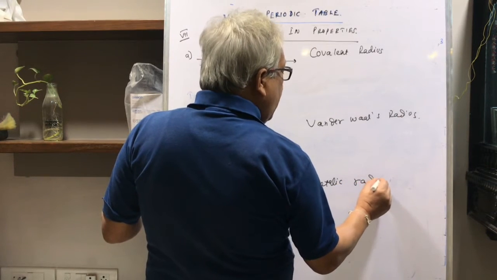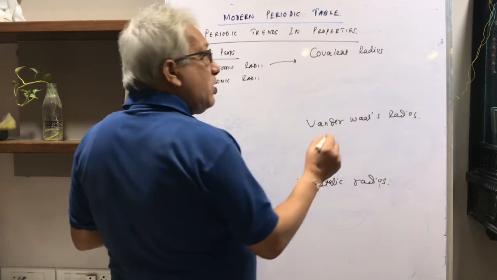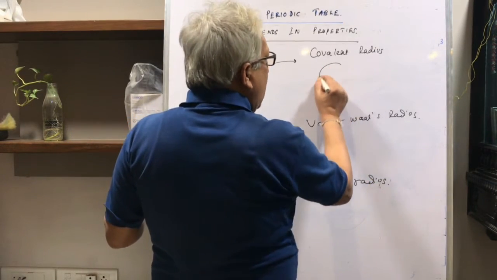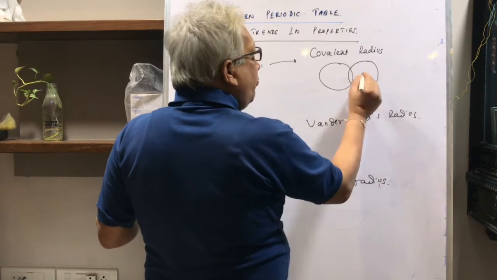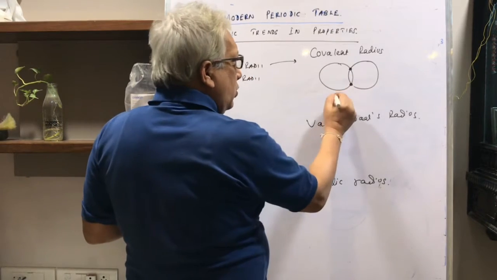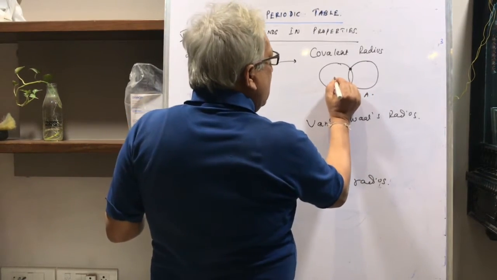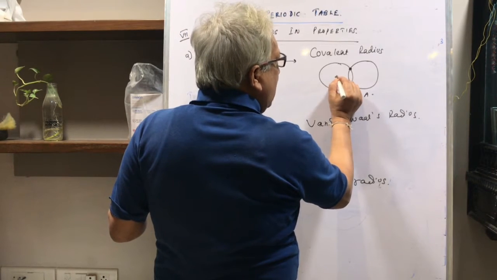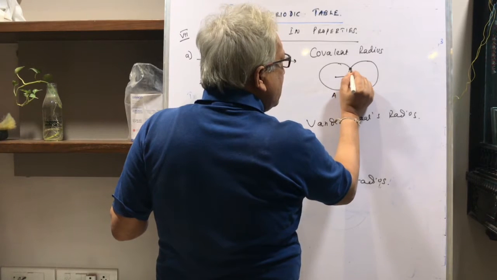So in covalent radius, the atomic radius is measured like this. Suppose there is the atom A, there are 2 atoms of A, and they have formed a bond by sharing electrons. So they are covalently bonded. So this is atom A, this is atom A. Now the distance that is taken is between the center of nucleus and this.